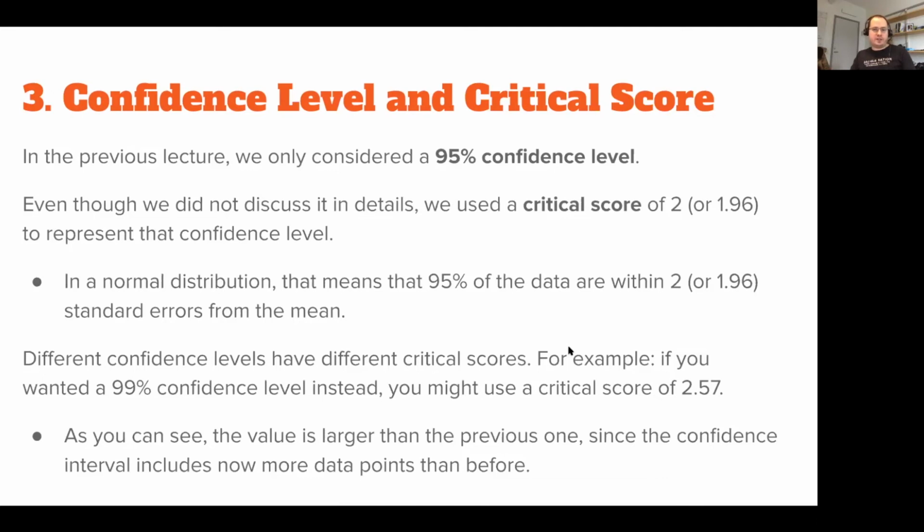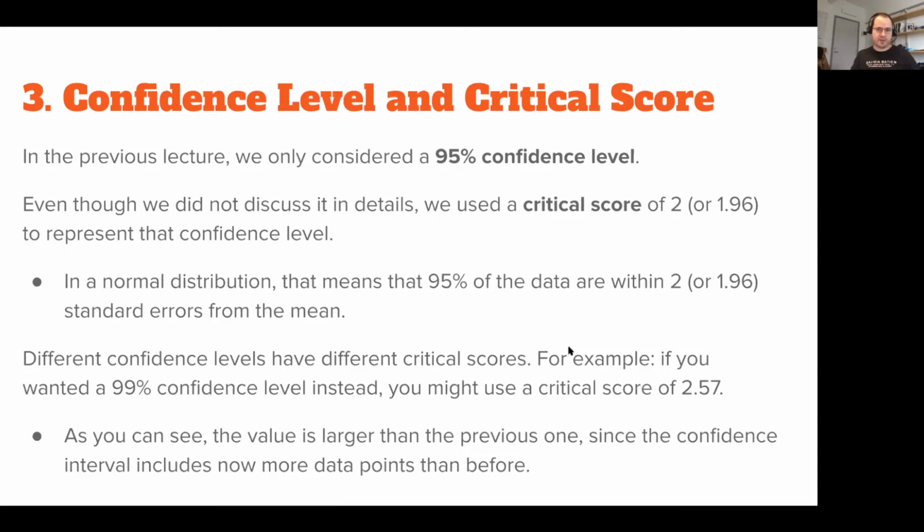Even if we consider a 95% confidence level, which is what we did in previous lectures, the critical score of 2 or 1.96 will change when you are using a T confidence level.